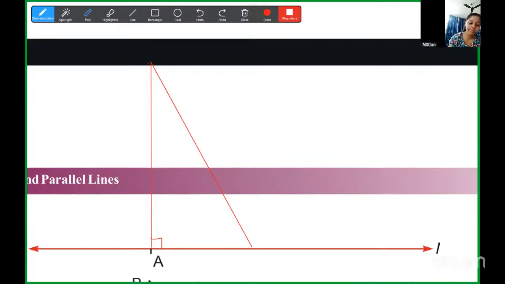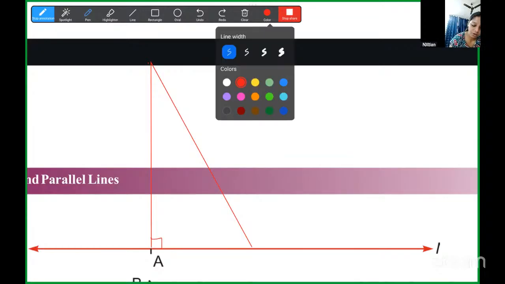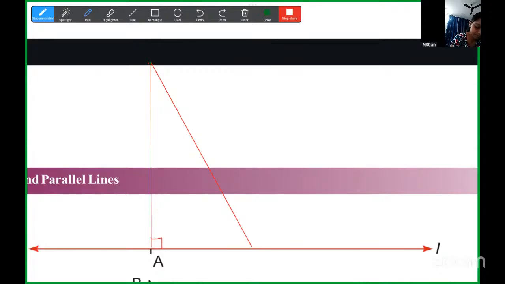Now mark this point, the topmost point of the set square, where it stops. You mark that.